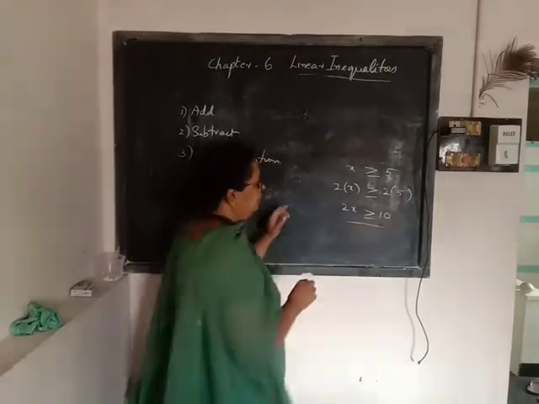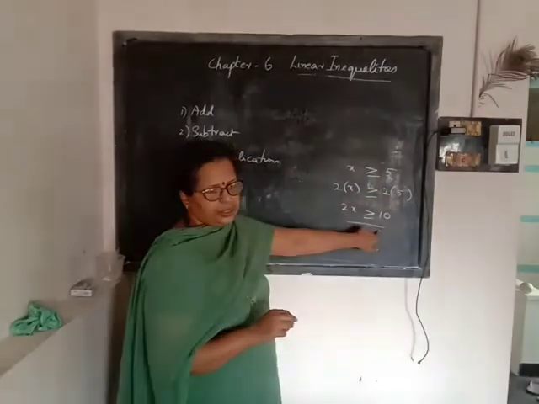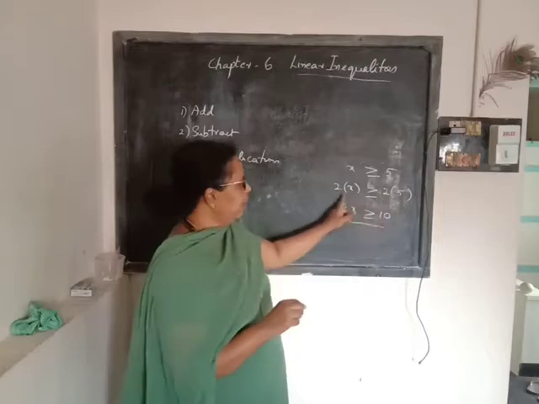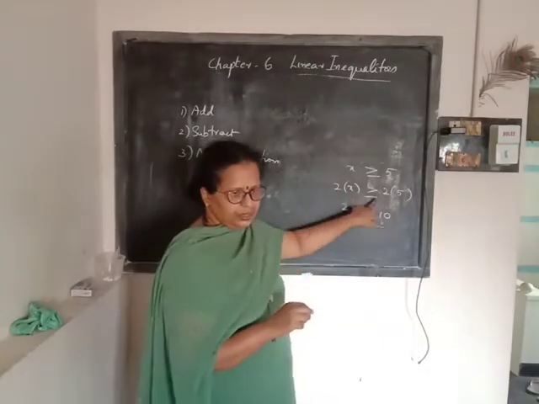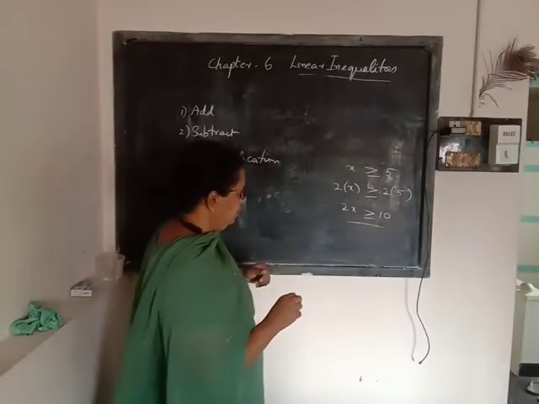It is correct. x greater than or equal to 5 is the same inequality as 2x greater than or equal to 10. So you can multiply both sides by the same positive number.